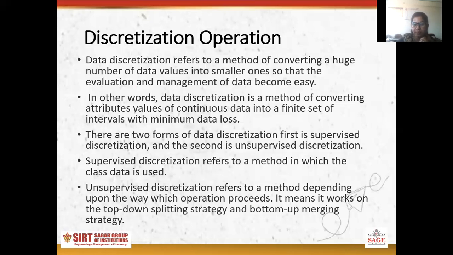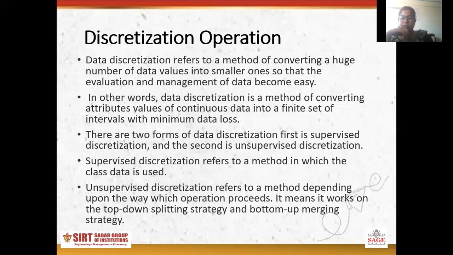becomes easy. In other words, data discretization is a method of converting attribute values of continuous data into a finite set of intervals with minimum data loss.